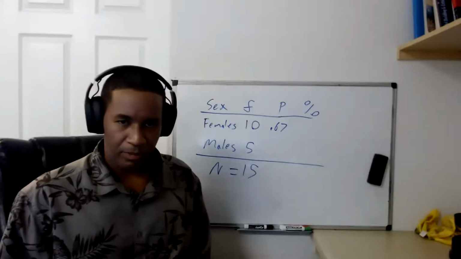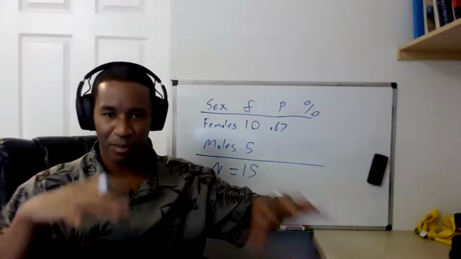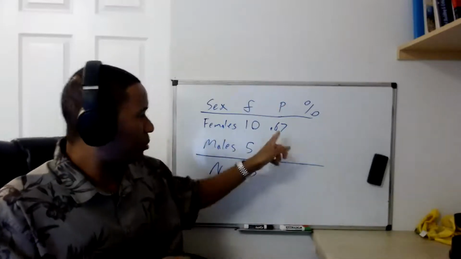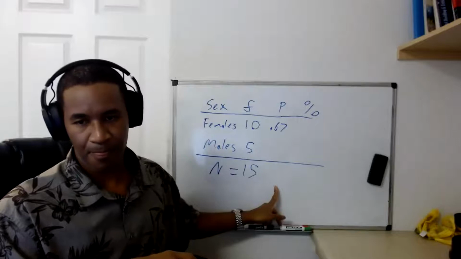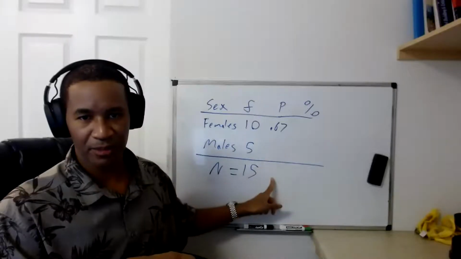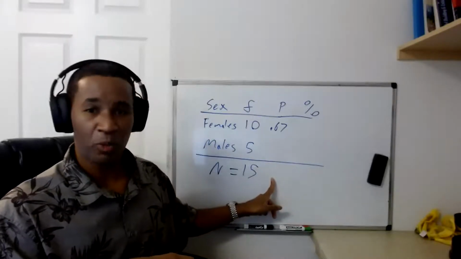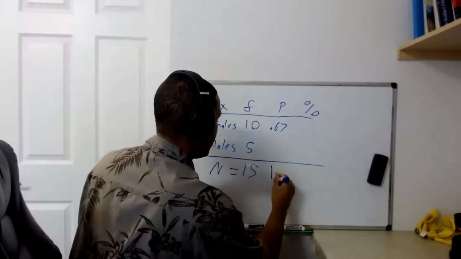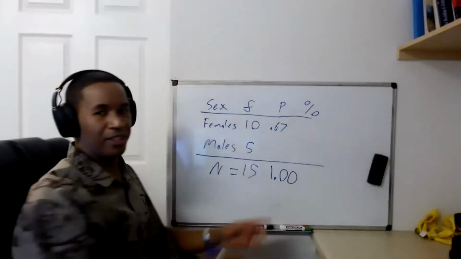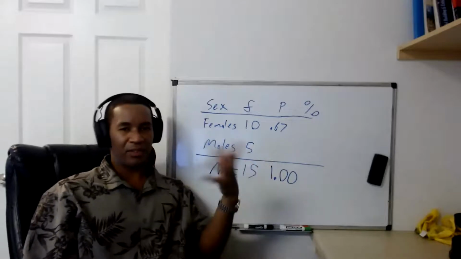Now, some people already said this, the proportions need to add up to what? 1.0. So if this is 0.67, I don't really need to do the calculation for 5 divided by 15.